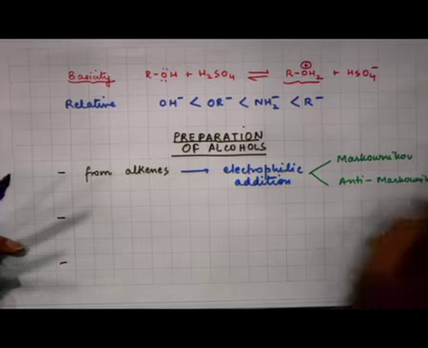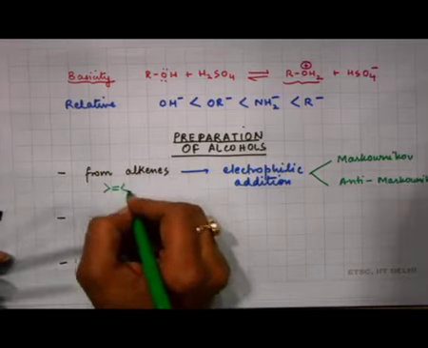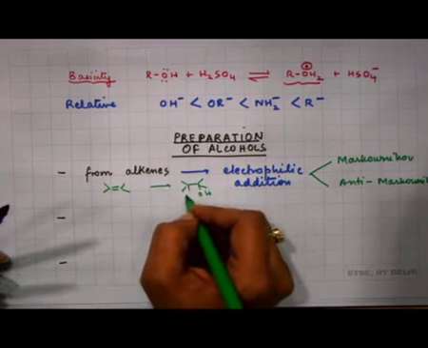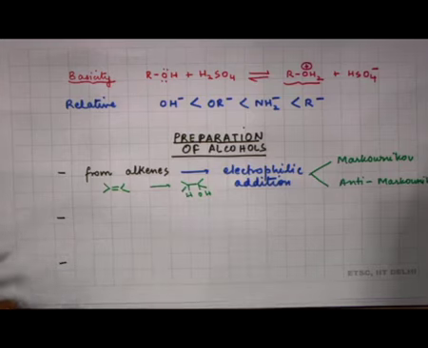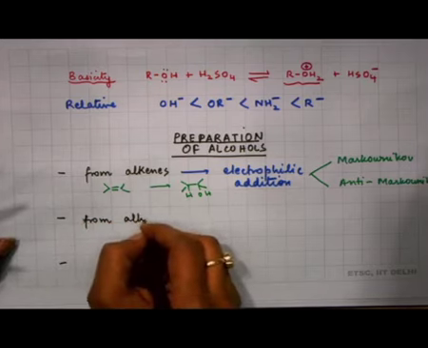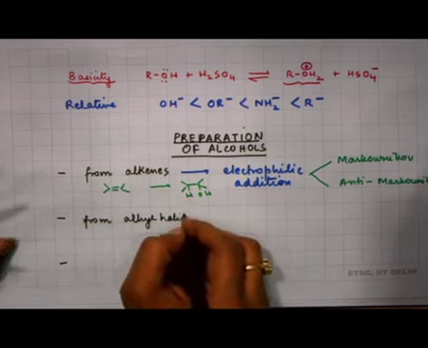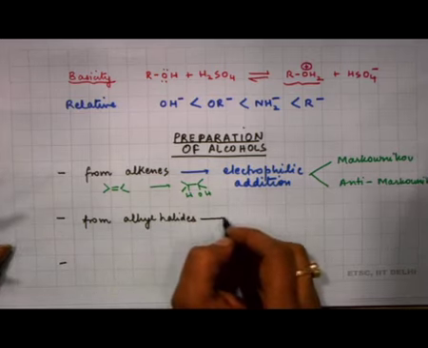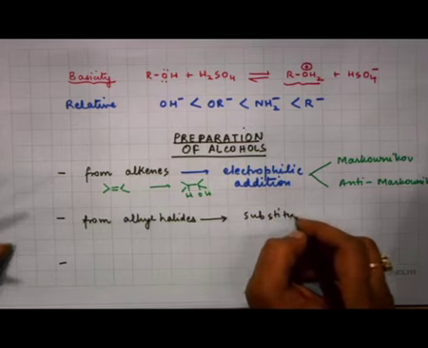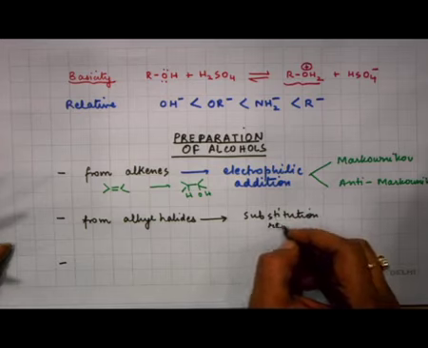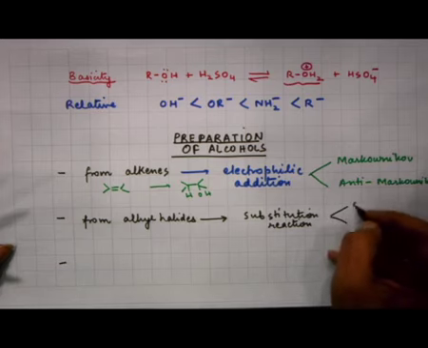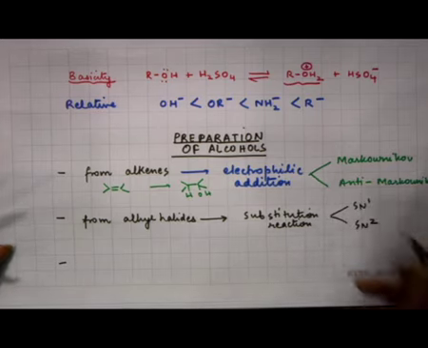So, we have the Markovnikov and anti-Markovnikov addition and conversion of the alkenes to alcohols through electrophilic addition.